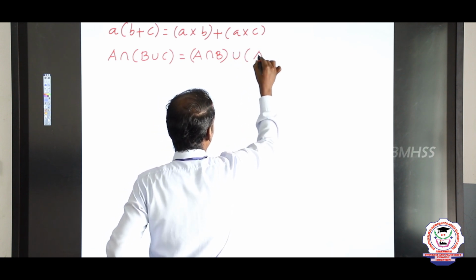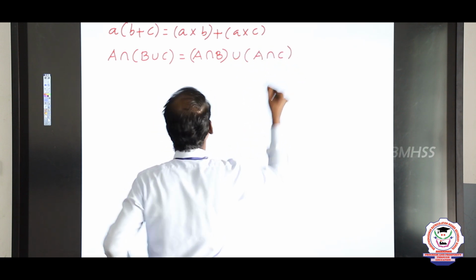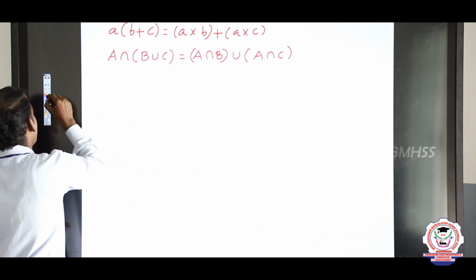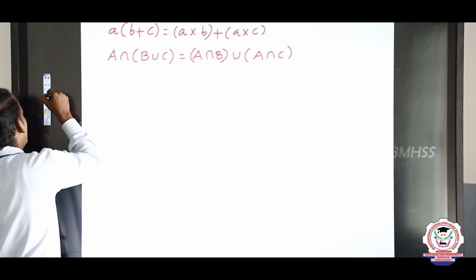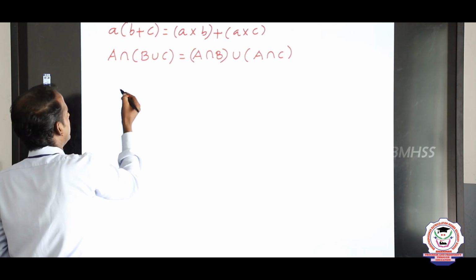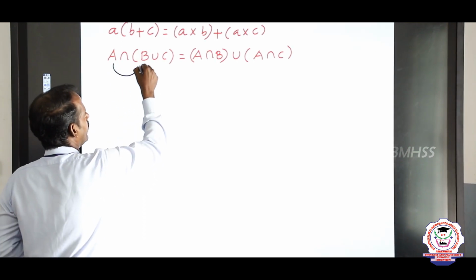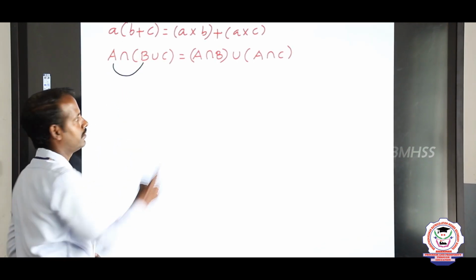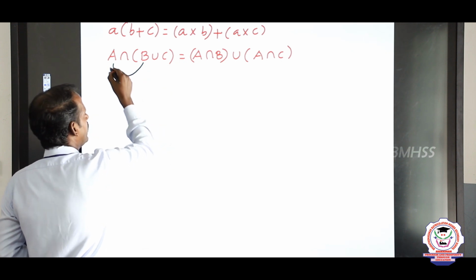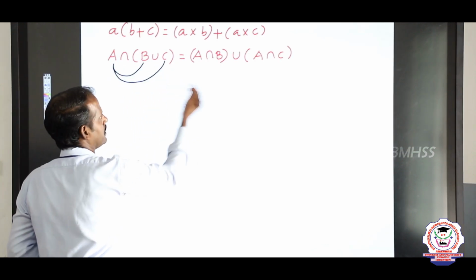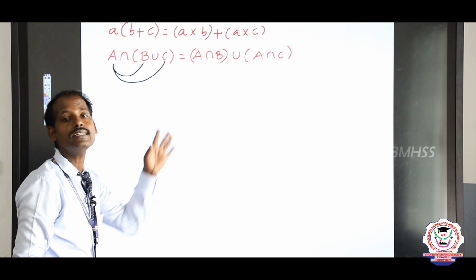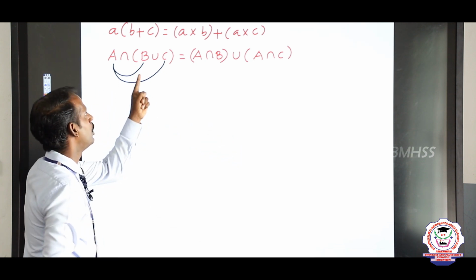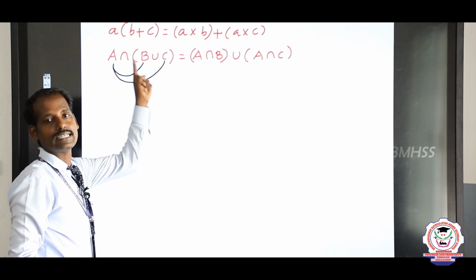Next, A intersection C. Here the first one, A intersection B, that is for union. A intersection C, second part. This is the distributive property of intersection over union.